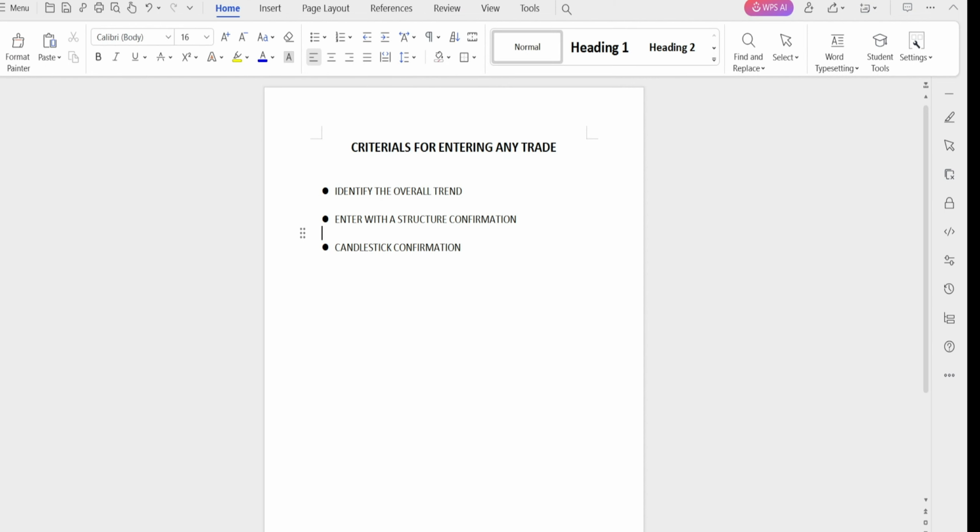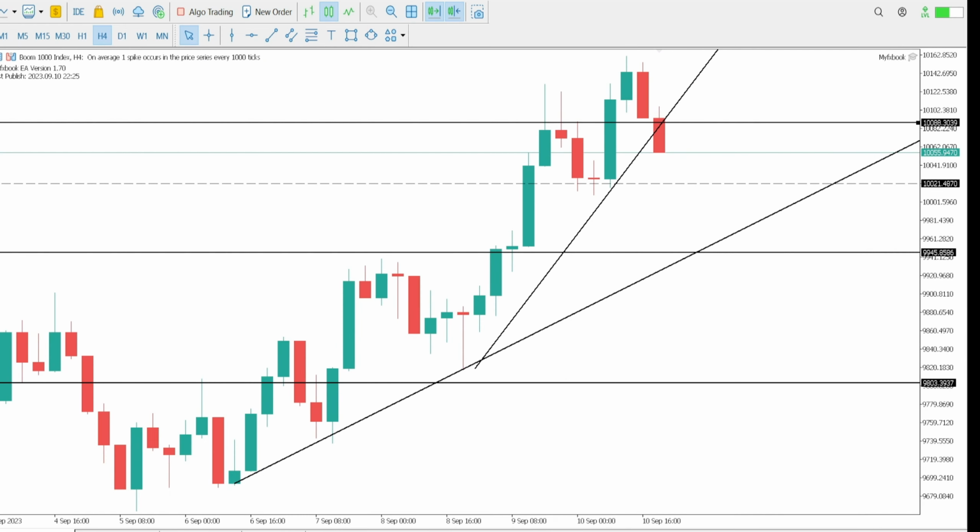Back to the criteria. Secondly, here is enter with a structure confirmation. Now let me elaborate on this with the chart. What I mean by structure confirmation, you need to follow price. There's a principle of a downtrend and there's the principle of the uptrend, and these principles are not meant to be broken.